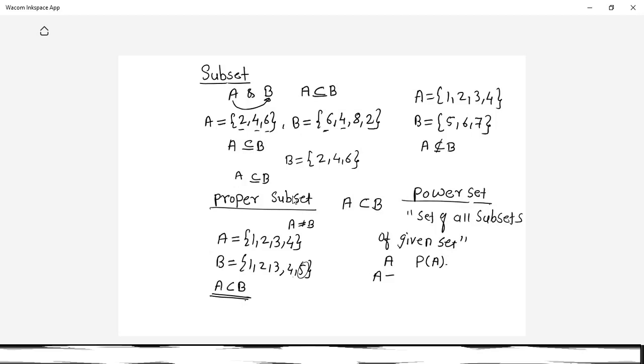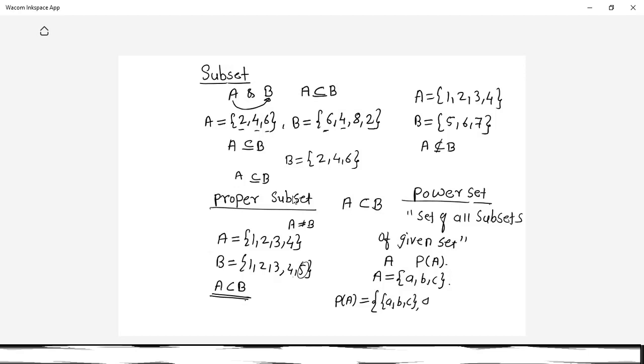Suppose our set A contains elements a, b, c. Then what are all its subsets? That is the power set of A. So every set itself is its subset.